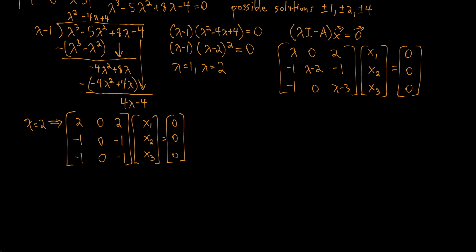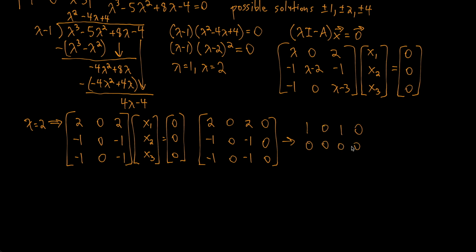I'll adjoin the matrix again. So I get 2, 0, 2, 0 by augmenting it. Minus 1, 0, minus 1, 0, minus 1, 0, minus 1, 0. And reducing this, notice I can cancel out both of these rows using the top row. So I'll just have 1, 0, 1, 0 after dividing by 2, and zeros everywhere else.